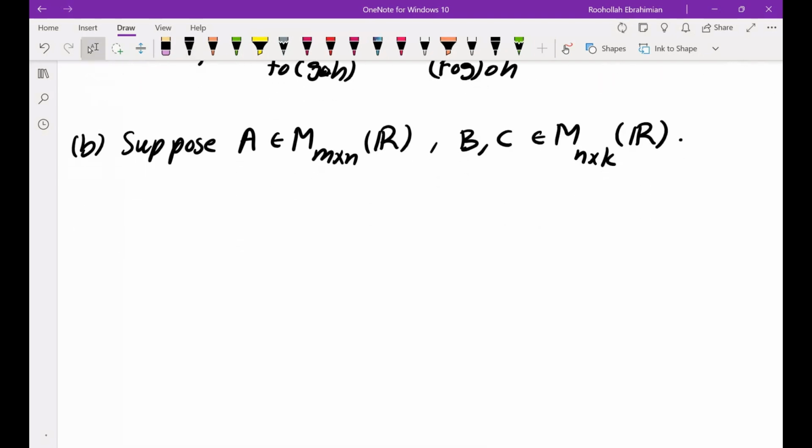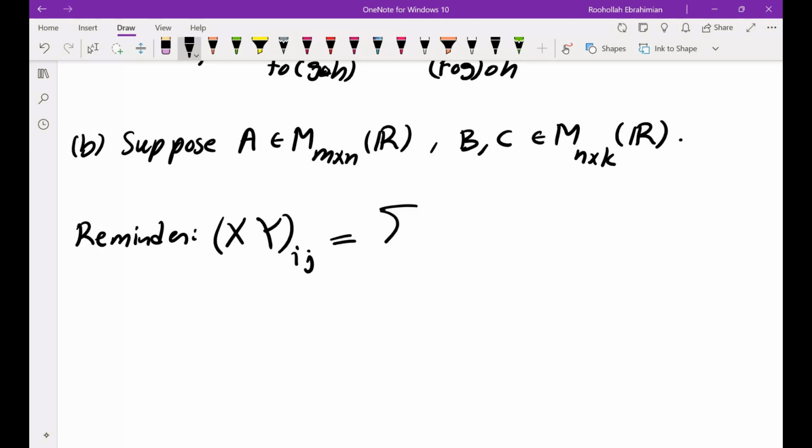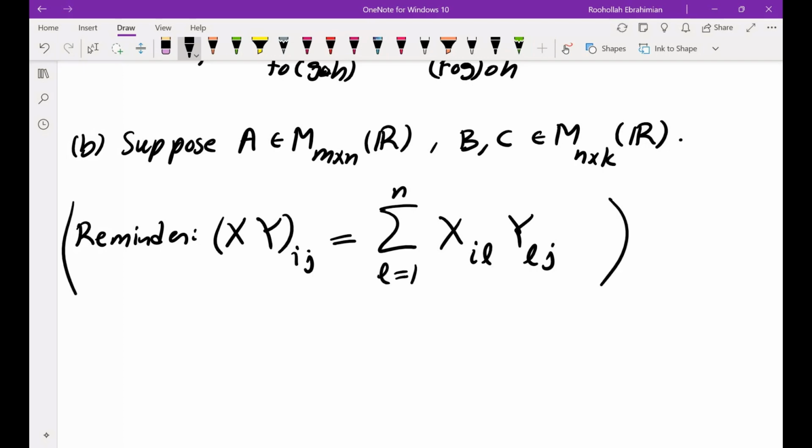Now, let me just remind you that if you take xy and look at the ij entry of xy, that is going to be the sum of x_il y_lj, where l ranges from 1 to n, if you assume that x is m by n, so x has n columns and y has n rows.